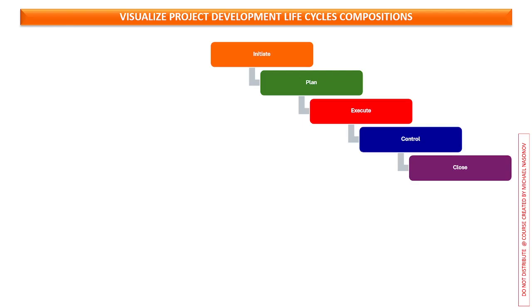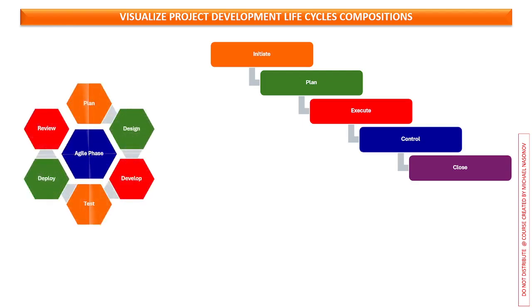Now let's move to this one. As you can see, it's pretty much circular. This is so-called agile project development. You start with planning, design, develop, test, deploy into production, review or retrospective, in small chunks. And after which you continue the same cycle again and again until you complete your product development.